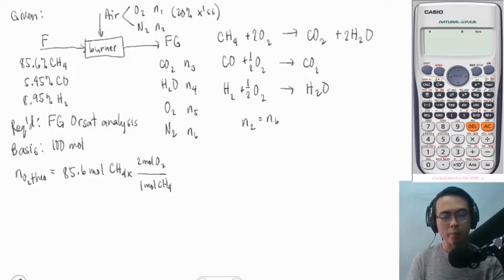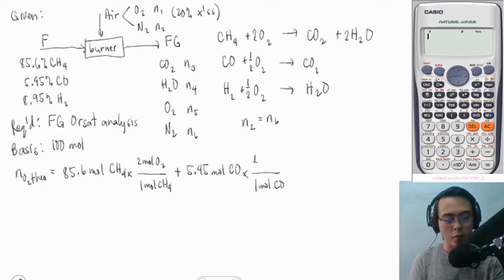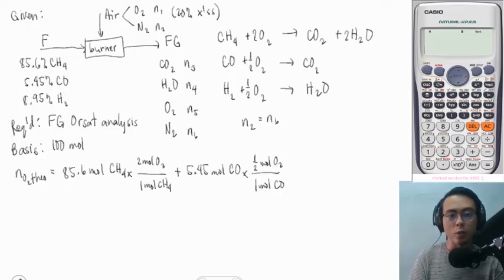Next, the second term is for carbon monoxide. We have 5.45 moles of carbon monoxide. And based on the balanced equation, for every 1 mole of carbon monoxide, there is 1/2 mole of oxygen. By the way, if you have chosen to balance your chemical equations with the least whole number coefficients, that's also fine.